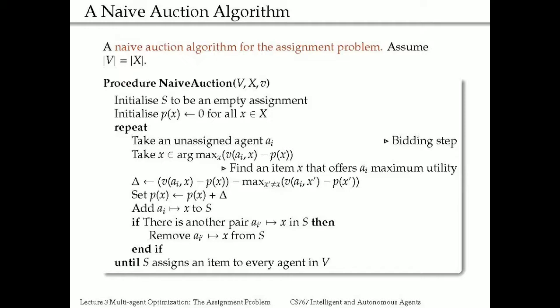Because the number of items and the number of agents are the same, eventually we want to see every agent holding exactly one item, and at that moment we stop. So that is the auction that I just described.